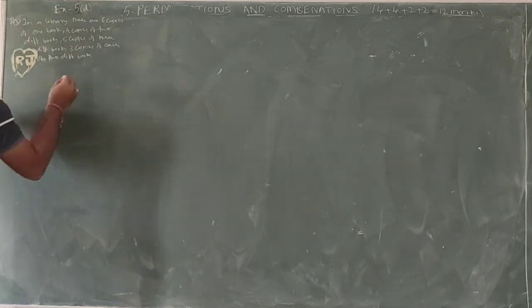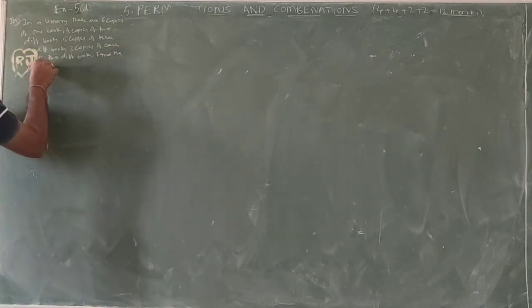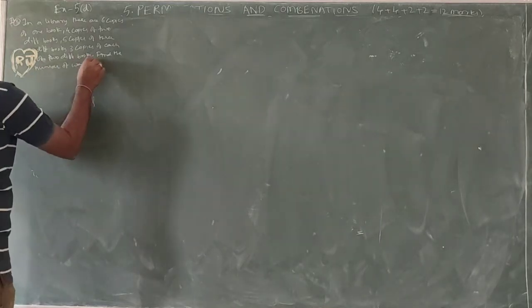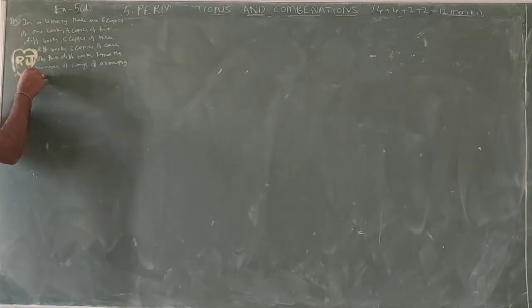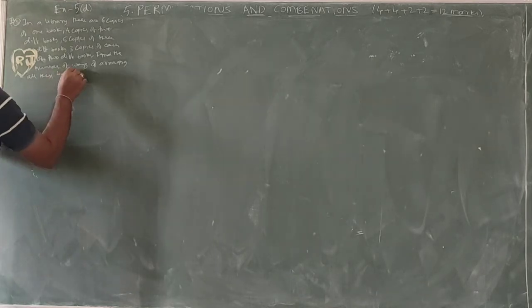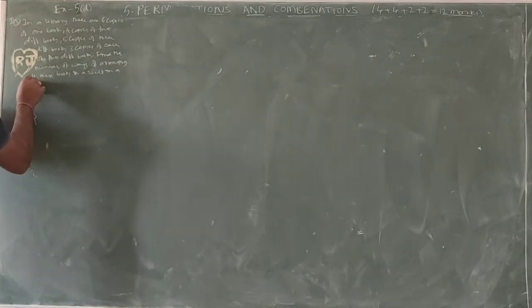Find the number of ways of arranging all the books in a shelf, in a single row.